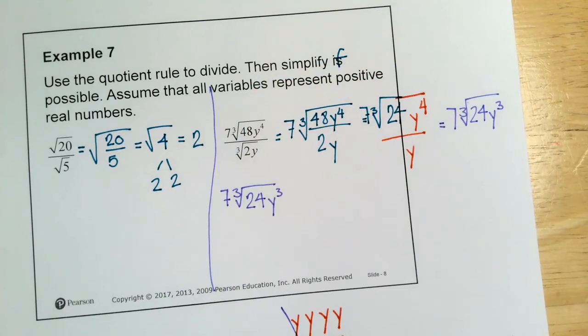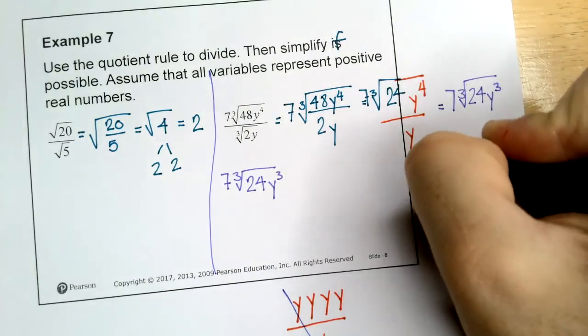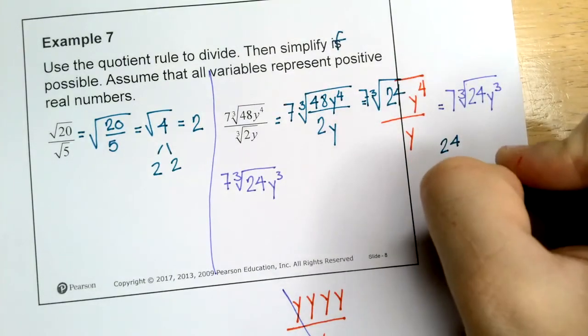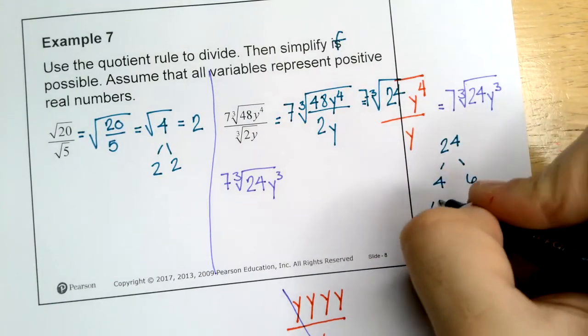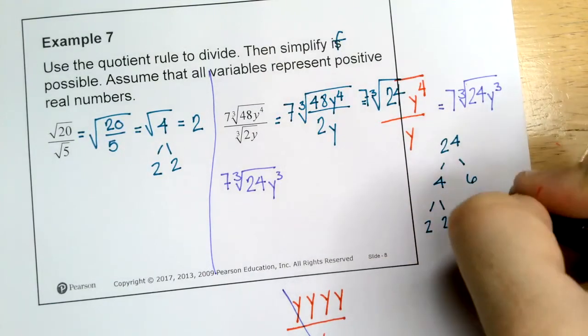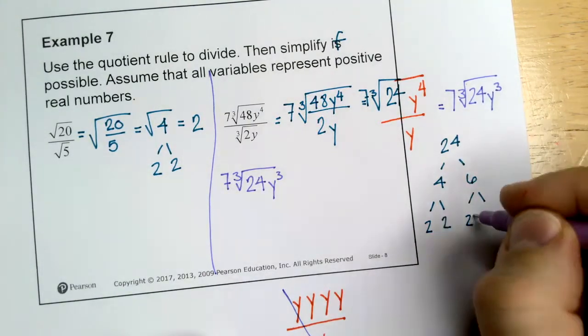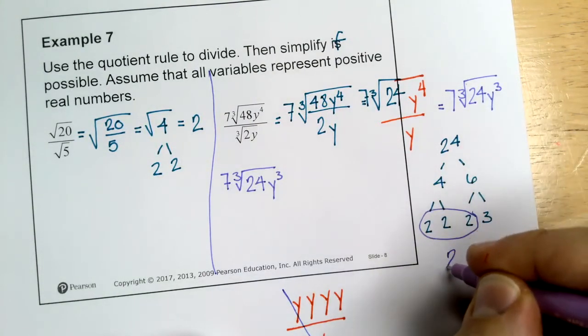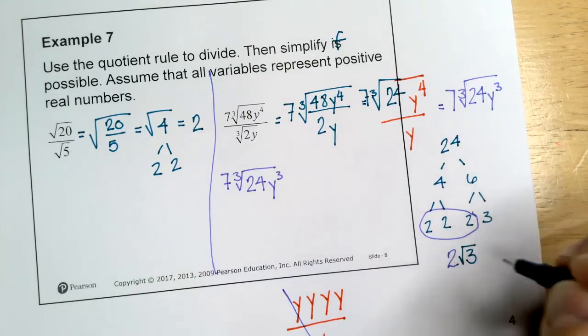24. I'm looking for groups of 3. So I know I can do 4 and 6 equals 24. 4 becomes 2 and 2, and 6 becomes 2 and 3, right? So here is my 2 that can come out, and then the 3 stays under the radical.